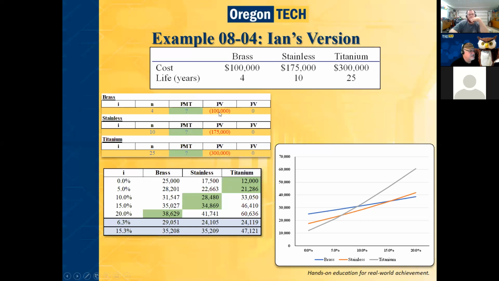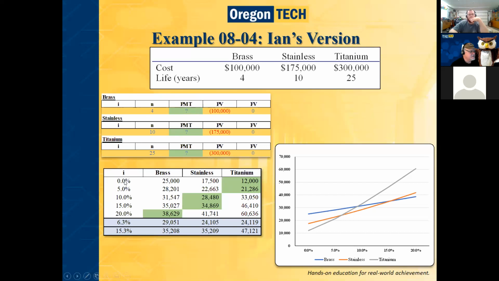Given the present value, what's the equivalent annual cost of $100,000 over a 4-year period at different interest rates? All I did is stick in a bunch of different i's using this payment calculation for each of these alternatives: brass, stainless, titanium.